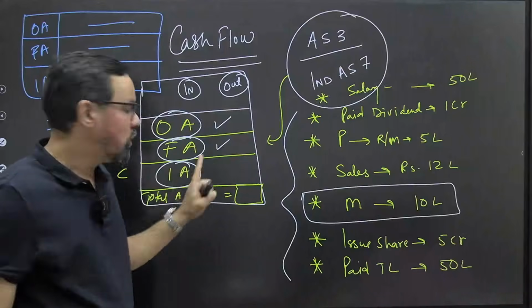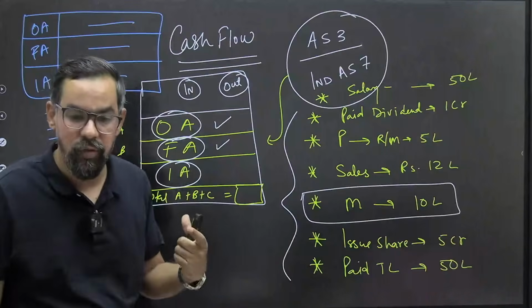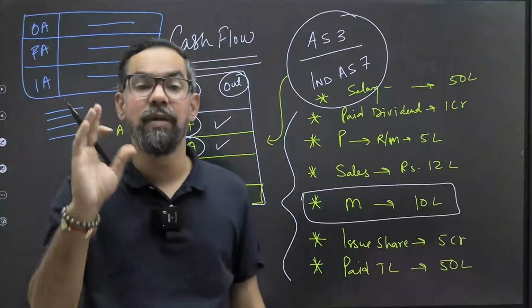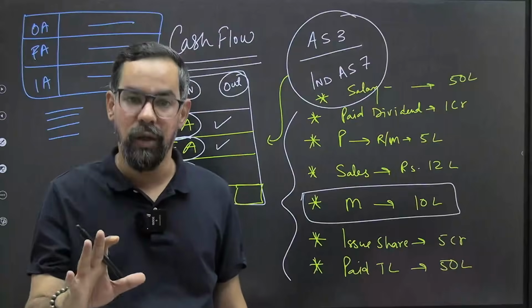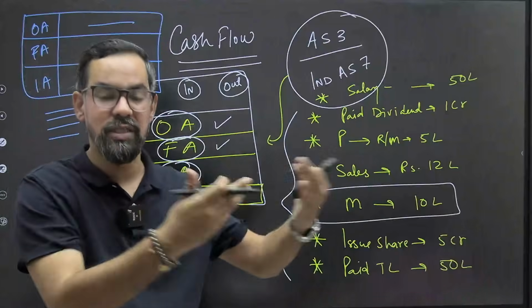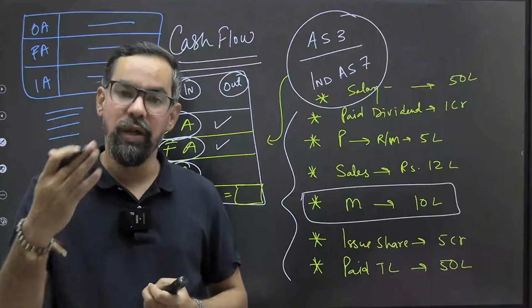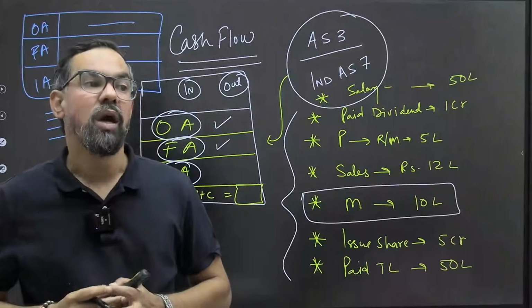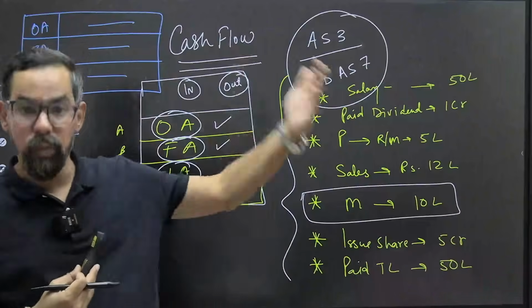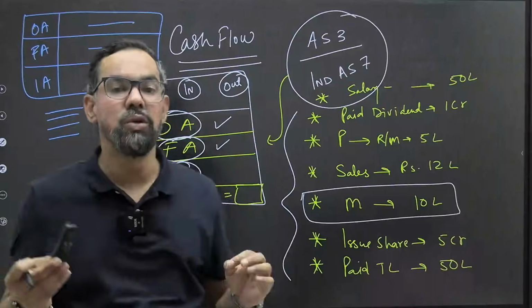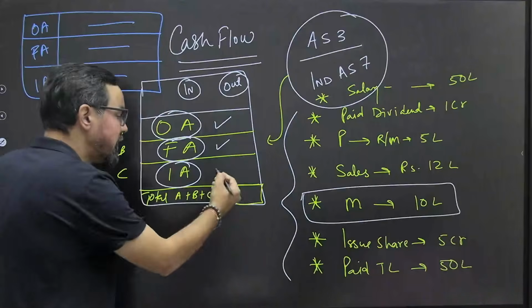The third one is investing activity, where we are investing in the productive capacity of that business. Let's say we open another office, that means we purchase property, plant, equipment, or any patents, goodwill. Or we sell our old plants, or we invest in some other companies. Those are all investing activities.